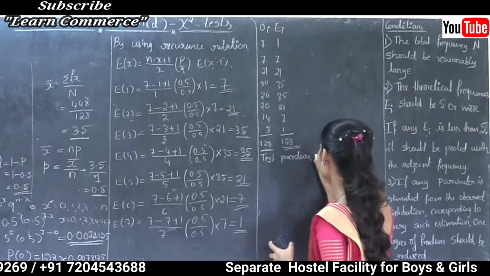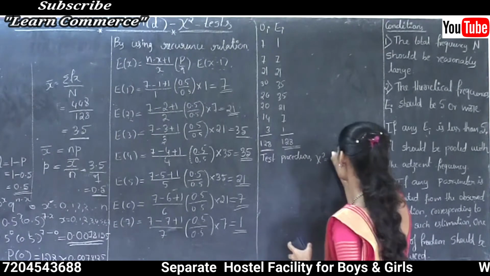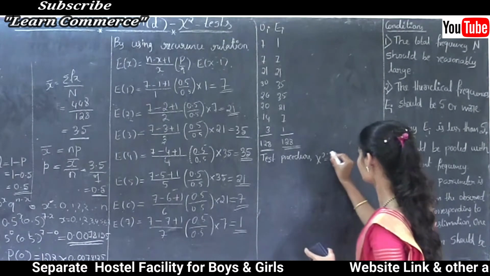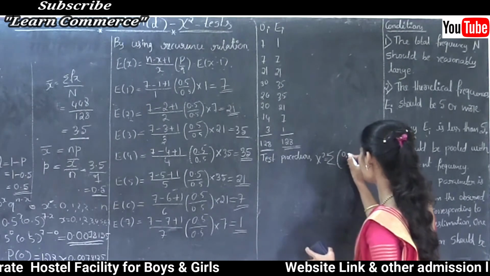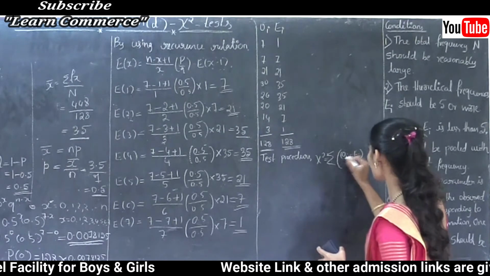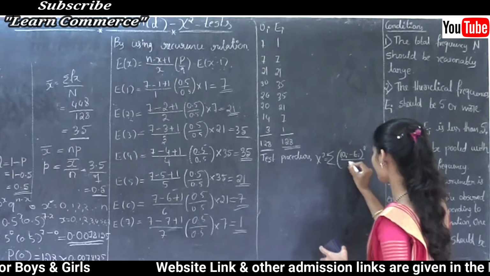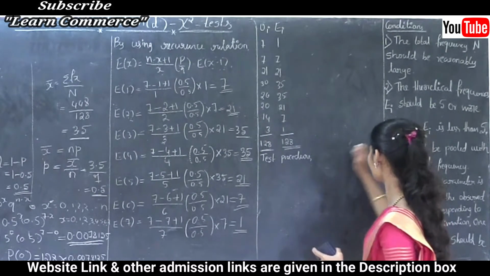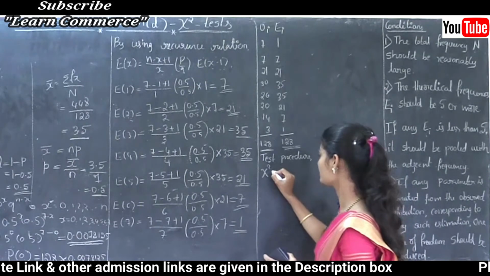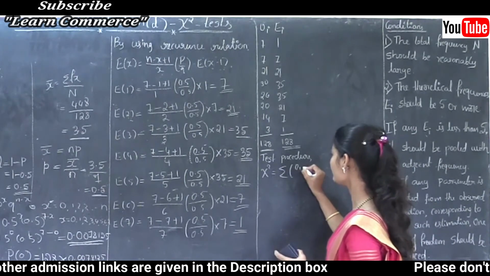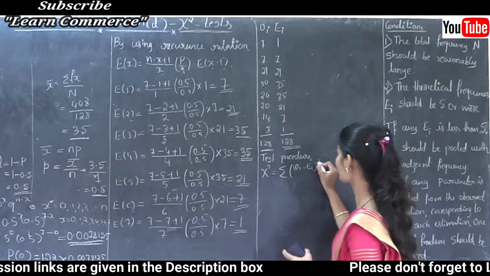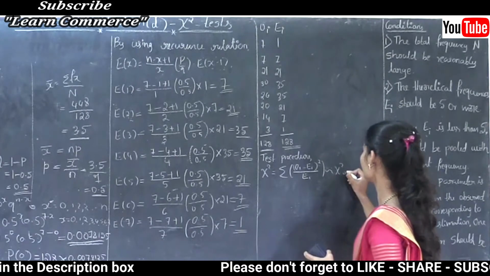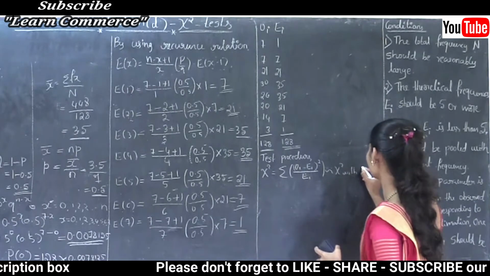That is chi-square is equal to sum of OI minus EI whole square divided by EI, which follows chi-square with n minus 1 degrees of freedom.